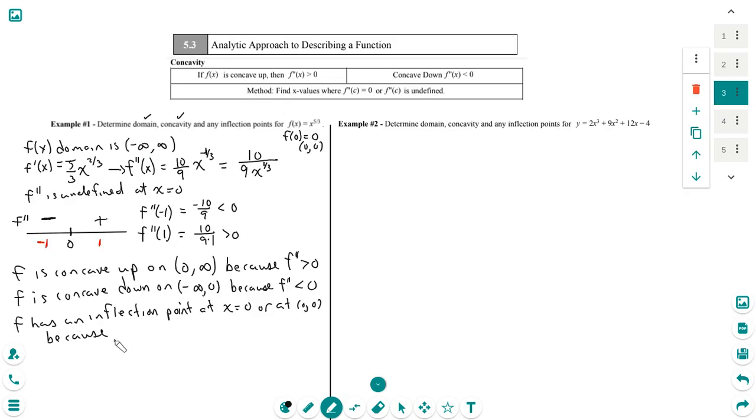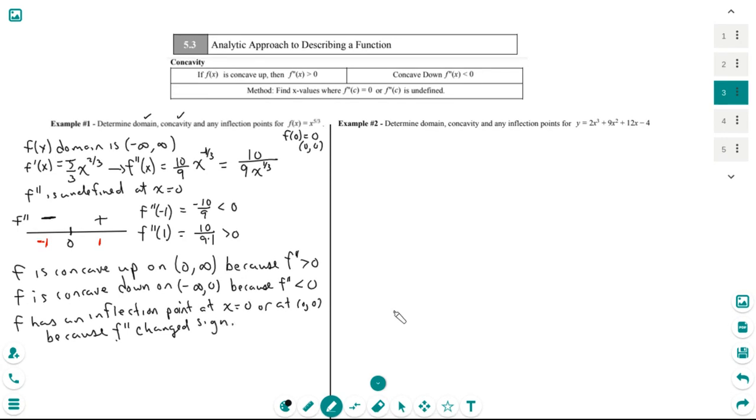So I'm going to state that because we changed sign. The second derivative was negative, then it's positive. So I could say that because the second derivative changed from negative to positive, or I could just say because f double prime changed sign. There we go. And we've now answered all three parts.